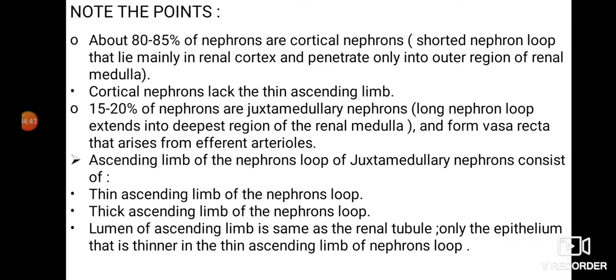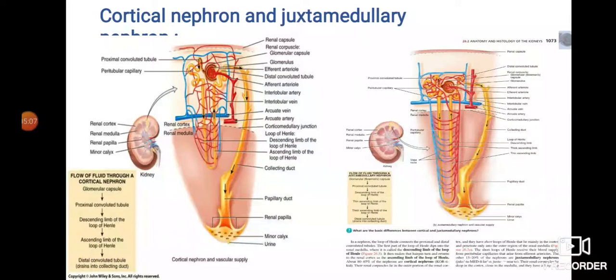The diameter of the lumen inside the ascending limb is the same as the renal tube. There is no difference between the lumens. The only difference between the thick and thin ascending nephron loop is the epithelium layer. Okay, you got this point? So shall we move on?